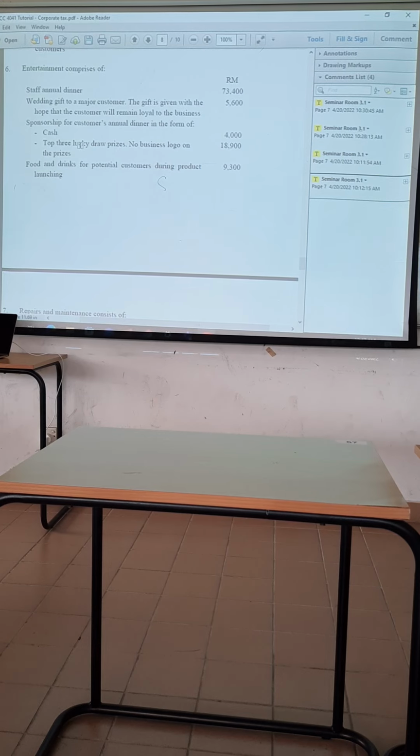Yes, when 50% is allowed, 50% is not allowed. Alright, so cash is not allowed, but for this, if you have a logo, it's allowed. But if there's no logo, it's only allowed 50%, so you have to add back the balance 50%. Yeah, food and drinks, that one is allowable. Okay, which public ruling is that?